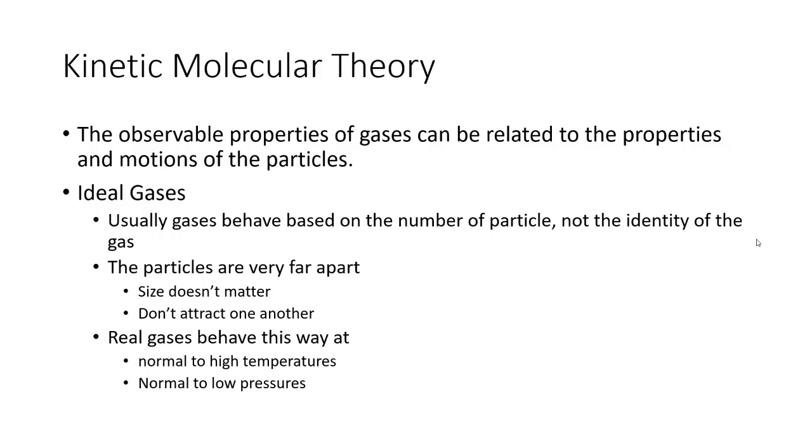Pressure has to be low, because if I have high pressure, then my molecules are really close together because they're all banging into one another and having lots of collisions, right? So if I have high pressure, then my assumption that the particles are really far apart isn't really true, okay? But at very low pressures, that means my particles are very far apart, okay?